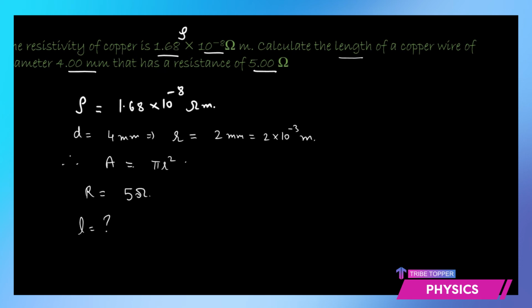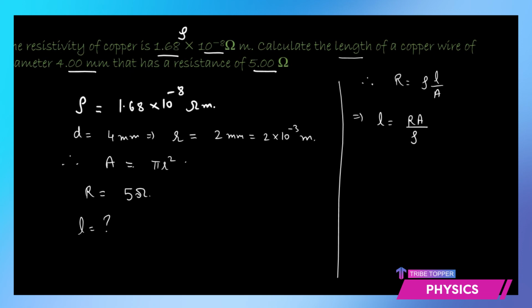Calculate the length of the copper wire. We just learnt about the relationship R is rho L by A, so we start from there. Using R is equal to rho L by A, L is equal to R A upon rho.